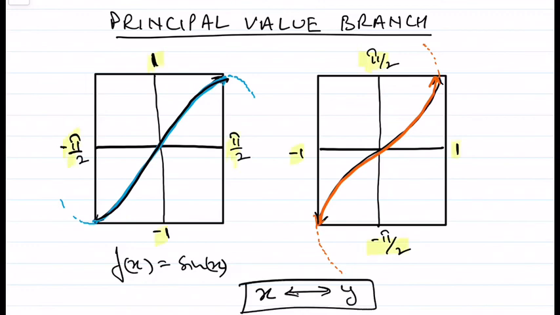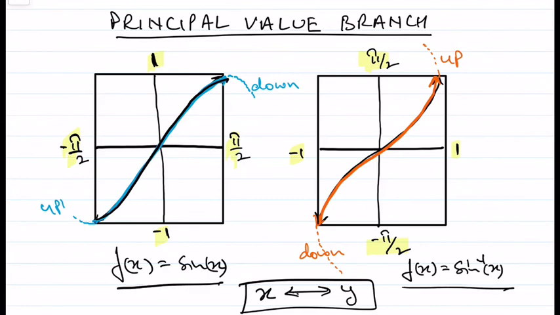So by switching x with y, we get an inverse sine function whose domain is the range of sin x, and whose range is the restricted domain of sin x. Similarly, we can find the domain and range for other trigonometric functions too.